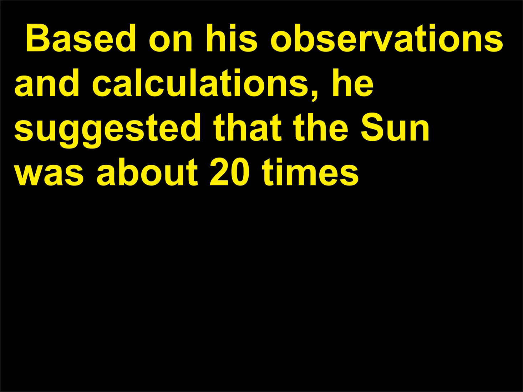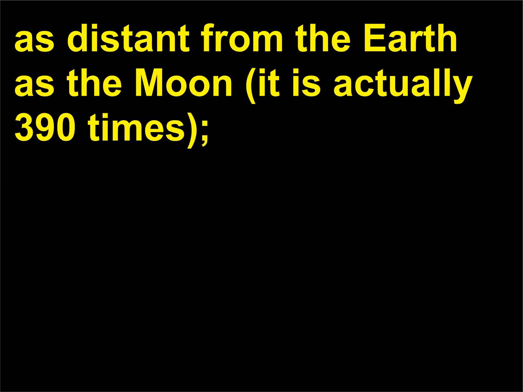Based on his observations and calculations, he suggested that the Sun was about 20 times as distant from the Earth as the Moon. It is actually 390 times.